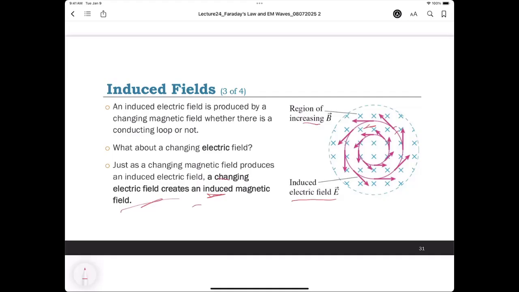Each one can create the other: a changing electric field can create an induced magnetic field, and a changing magnetic field can also create an induced electric field. Just remember that.